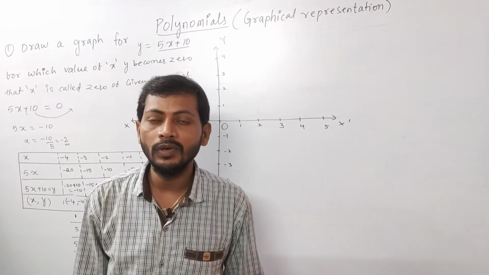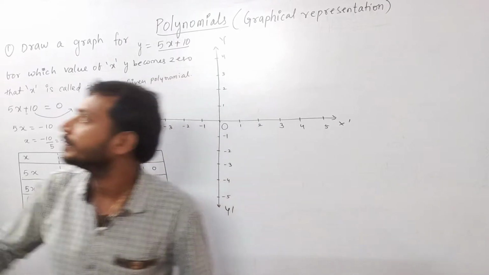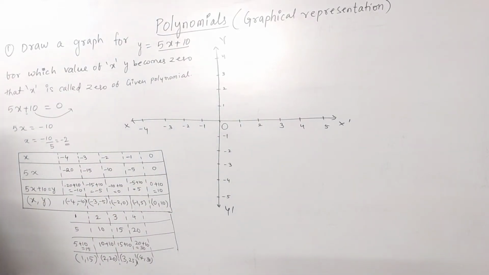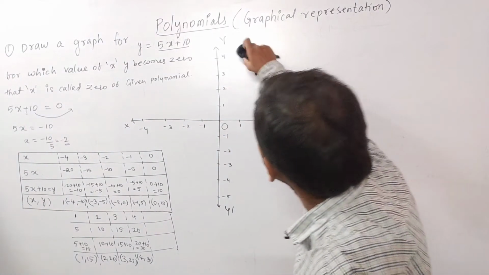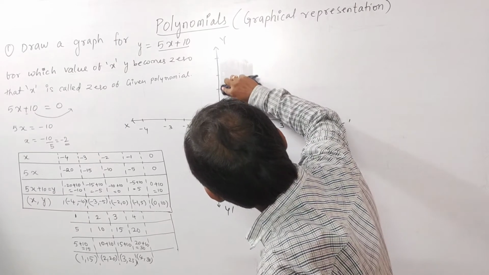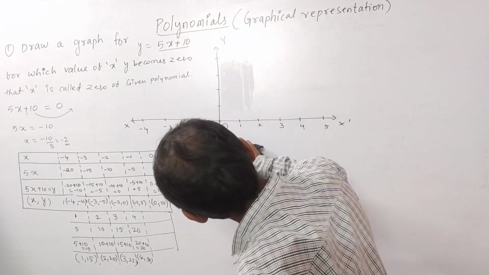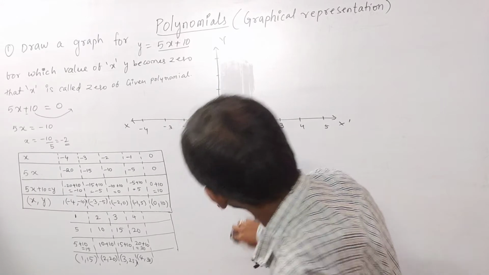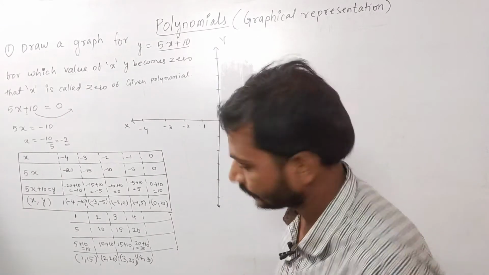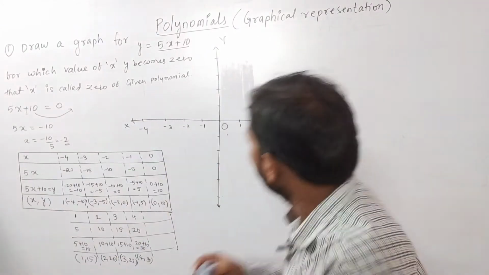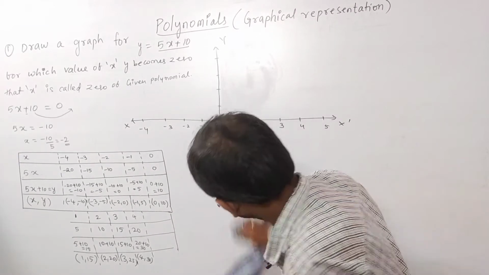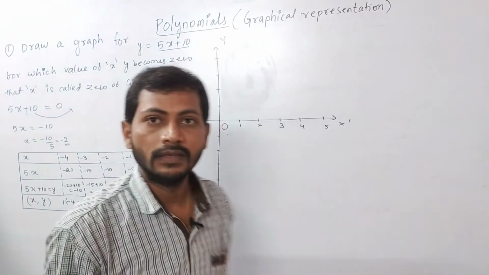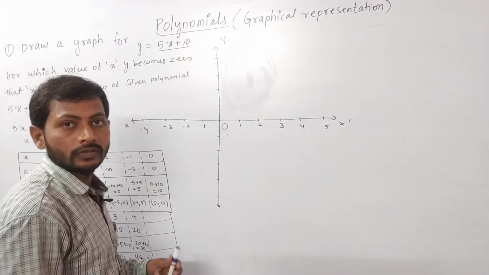That's why, Nana, just 1 second. According to our question, I am going to take these y values. Once observe what I am doing here. On the x-axis, I am writing the scale also.